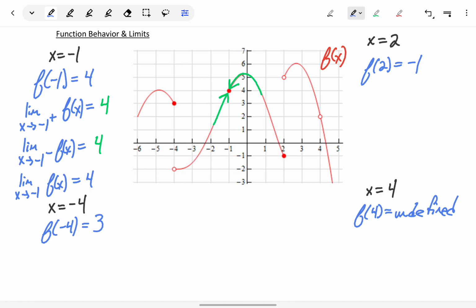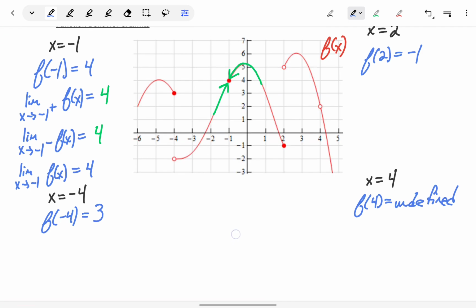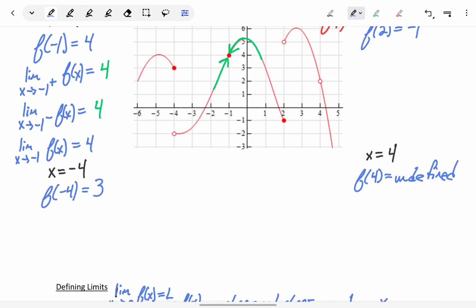Now let's look at what happens in some of the more interesting cases where we have these discontinuities. First, we'll consider x equals -4, near x equals -4. We want to consider the limit as x approaches -4 from the right.